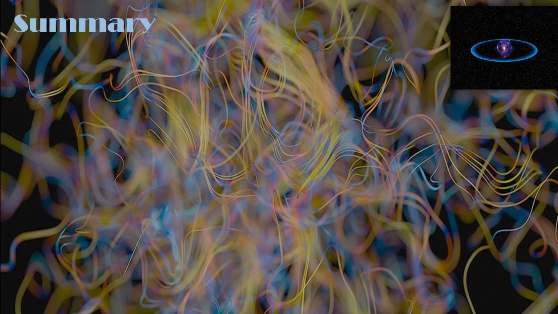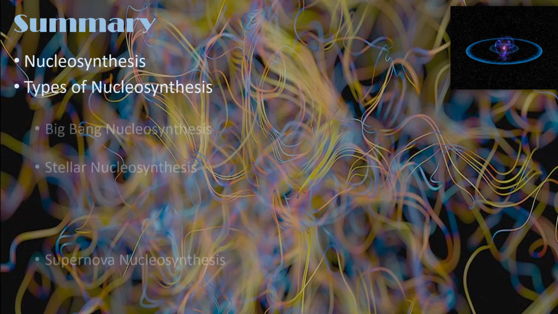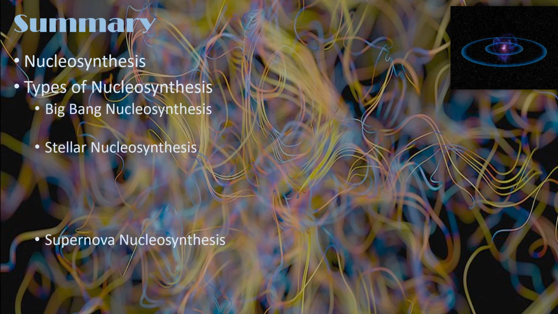In summary, we have learned that nucleosynthesis is the process of creating elements. There are three types of nucleosynthesis: Big Bang nucleosynthesis, stellar nucleosynthesis, and supernova nucleosynthesis.